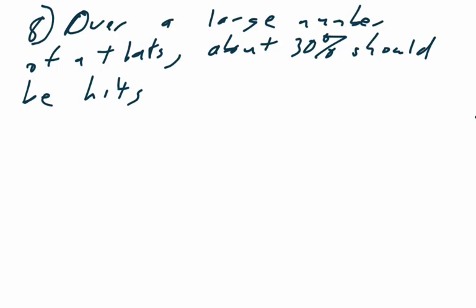Alright, so what is the probability that none of the next 3 at-bats are a hit? Well, the probability that the first one is not a hit is 0.7, because either you get a hit or you don't get a hit, times 0.7 for the second one that's not a hit, times 0.7 for the third one that's not a hit. Now, the one thing we're assuming here is that these are each independent, and we get the answer of 0.343. And that's the answer for B.